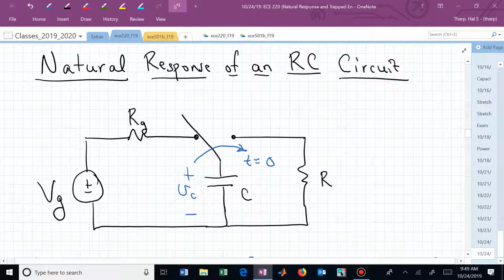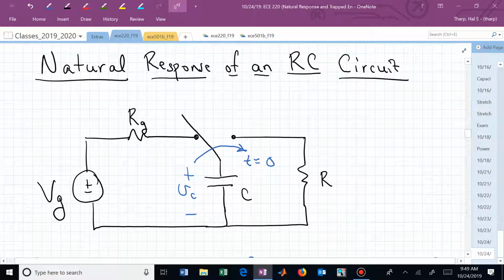Natural response of an RC circuit. We did natural response of RL circuits. Let's now look at RC circuits. And do you understand why we have the switch in this circuit as sketched?